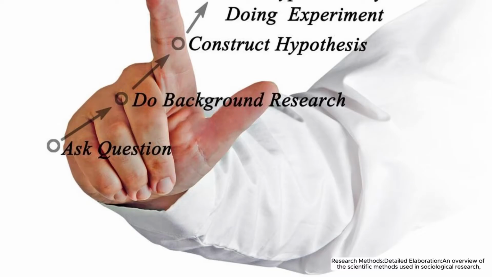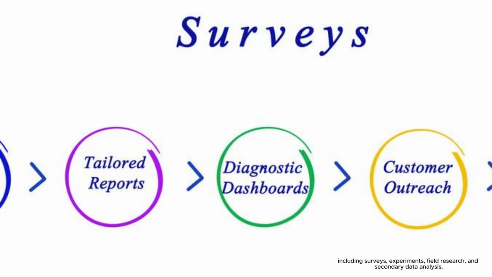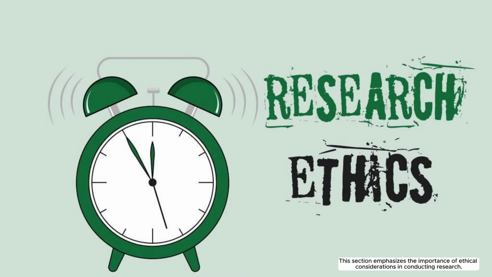Research methods. An overview of the scientific methods used in sociological research, including surveys, experiments, field research, and secondary data analysis. This section emphasizes the importance of ethical considerations in conducting research.